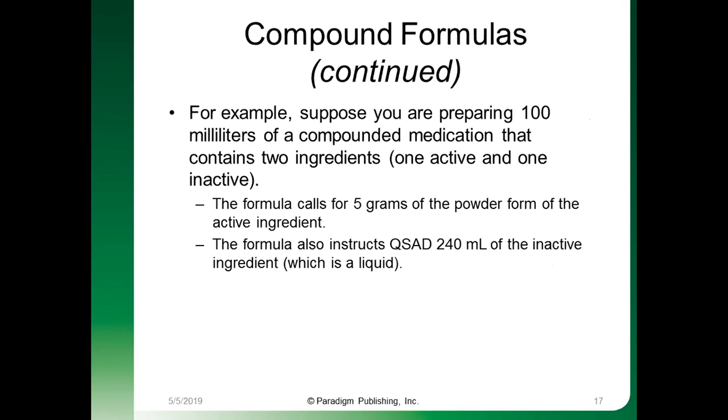So for example, suppose you are preparing 240 milliliters of a compounded medication that contains 2 ingredients, one active and one inactive. The formula calls for 5 grams of powder form of the active ingredient. The formula also instructs QSAD 240 mLs of inactive ingredient, which is a liquid.